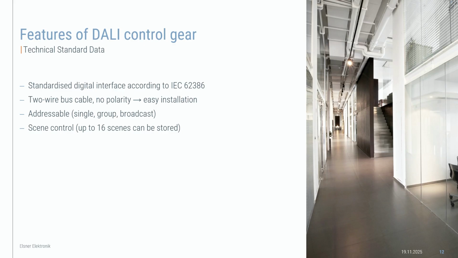It also supports scene control, which is saved directly on the device. Another key feature is the status feedback, for example reporting lamp failures or the operational state. So the DALI control gear is compatible with various control devices, such as buttons, sensors, or gateways, especially under DALI 2 interoperability.